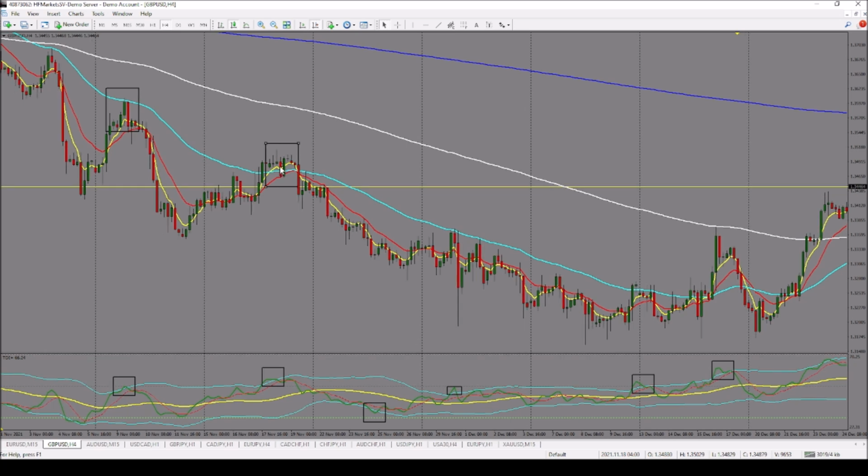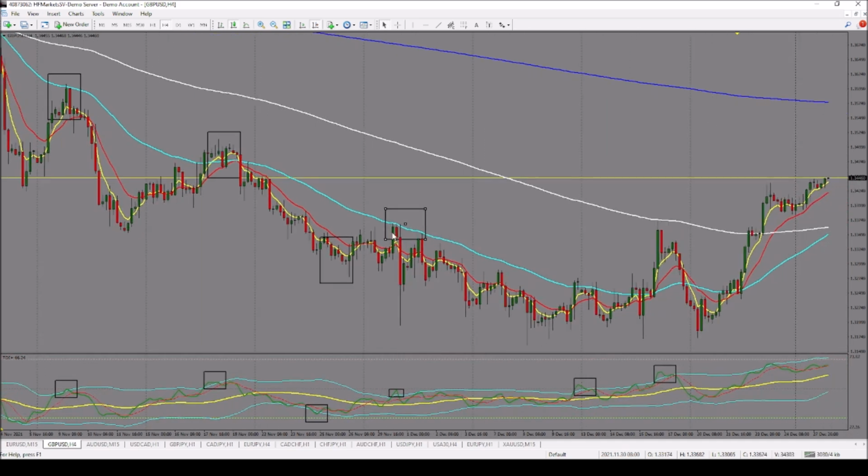Another acceptable entry pattern is the head and shoulders. I'm sure each and every one of you once came across that particular setup.